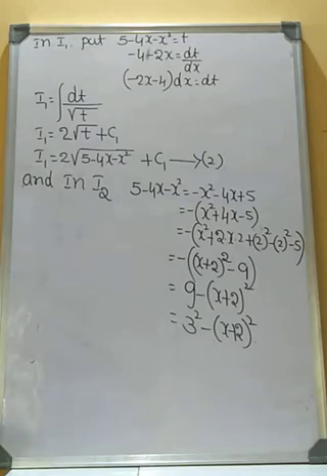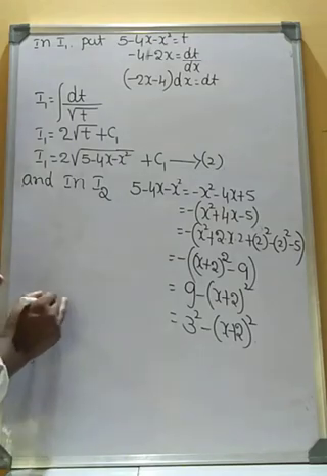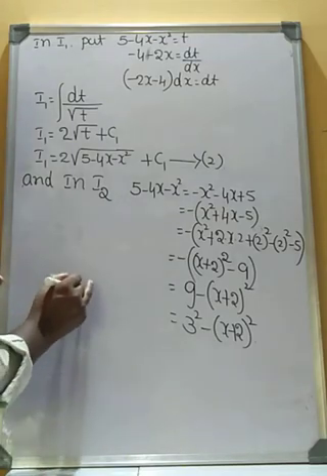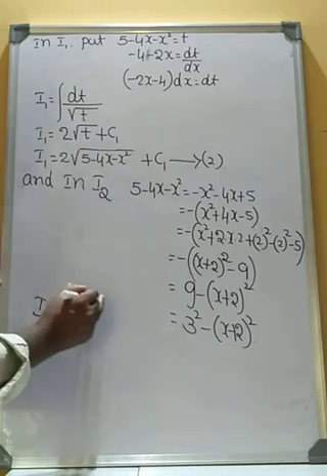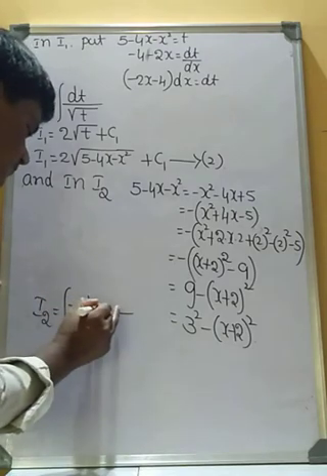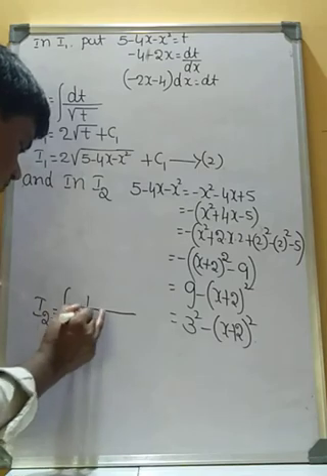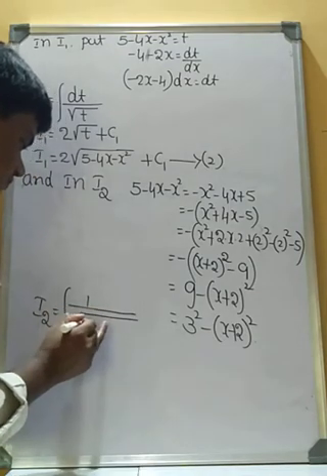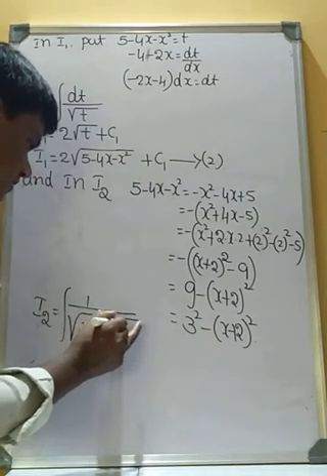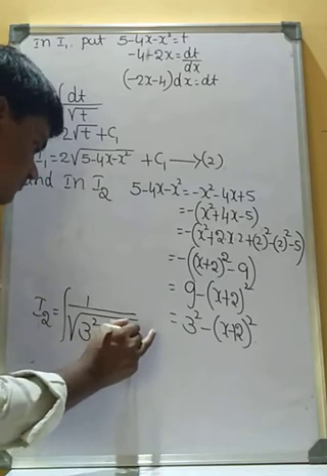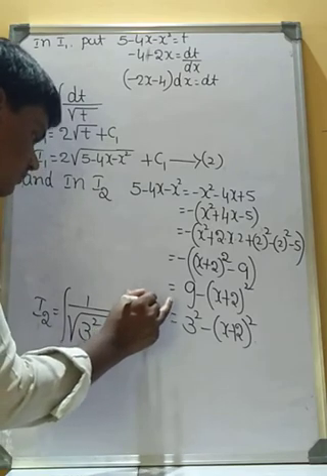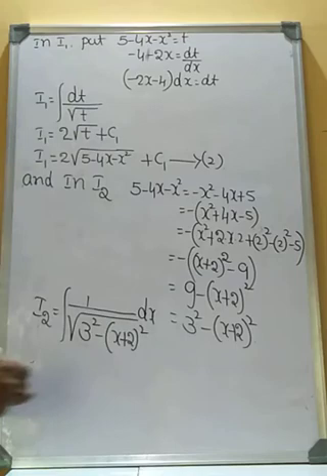So substitute in I2. Therefore I2 is equal to integral of 1 divided by root of 3 square minus of (x plus 2) whole square into dx.